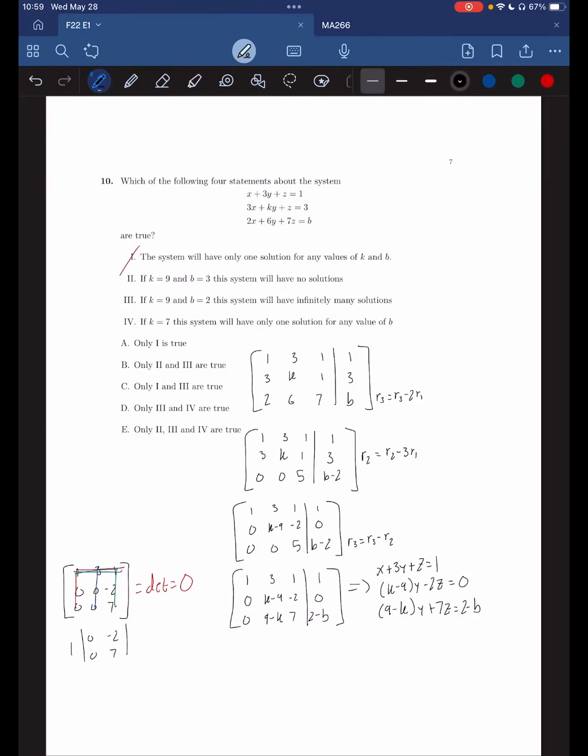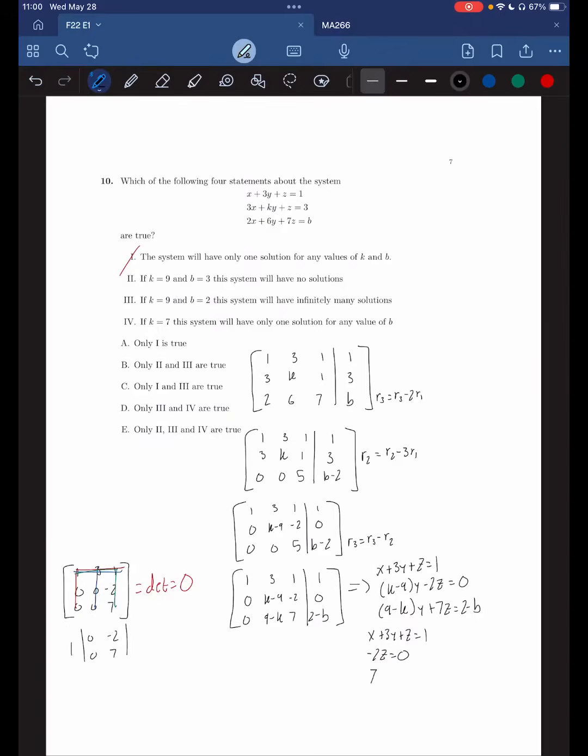2, if k is 9 and b is 3, the system will have no solution. Let's see if that's true. We're going to plug in 9 and 3 into our system here. So we have x plus 3y plus z equals 1. When k is 9, our y's go away, right? -2z equals 0.